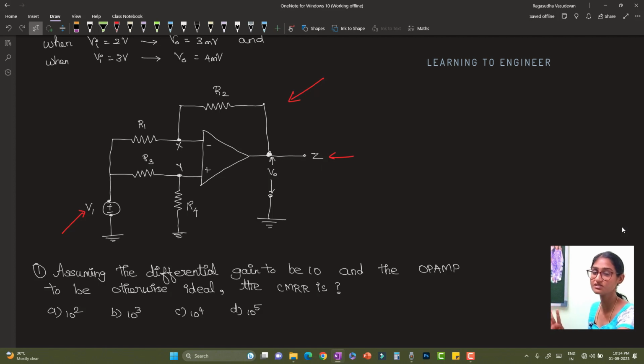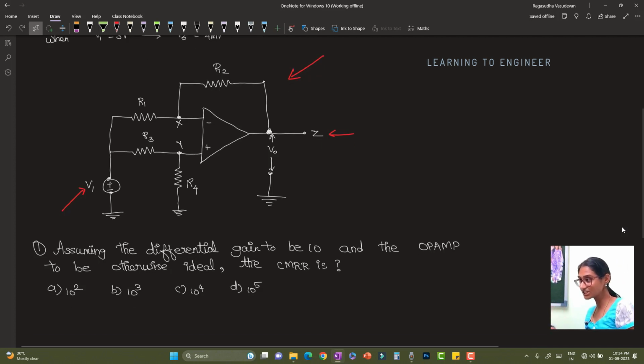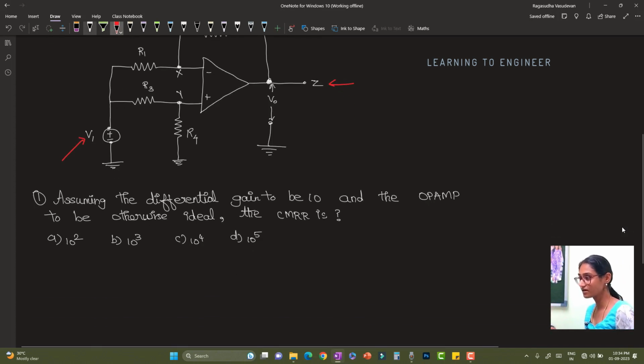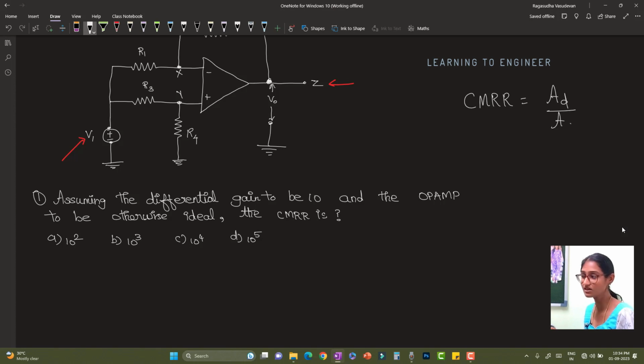We have 4 options given to us. We just learnt that the common mode rejection ratio CMRR is the differential gain divided by the common mode gain. We are given the differential gain, it is 10, and we are asked to find out what the common mode gain is.